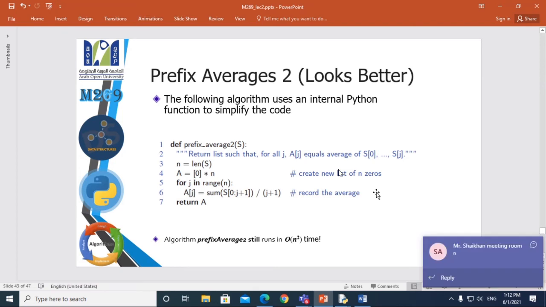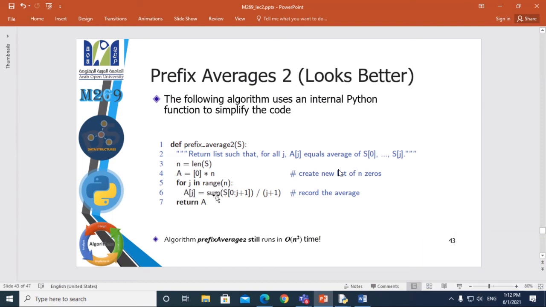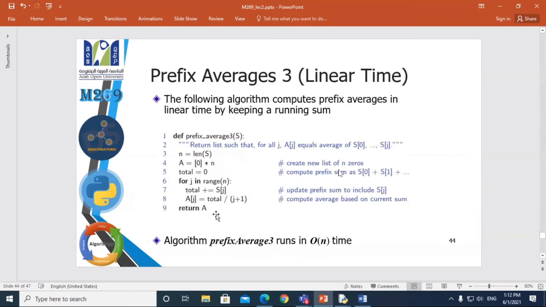You have the same code, by the way, n = len(s), and you have the slides to see it, for j in range n, but this time it's calling something outside, another function called sum. Now look at that one.